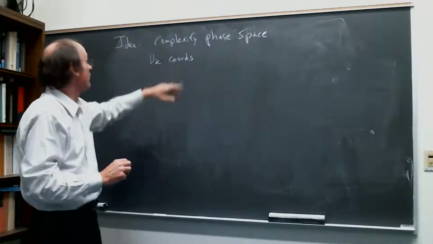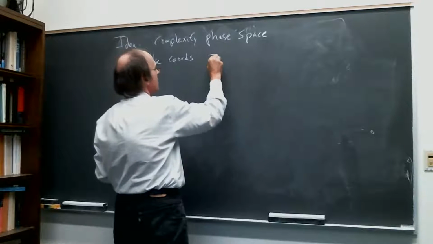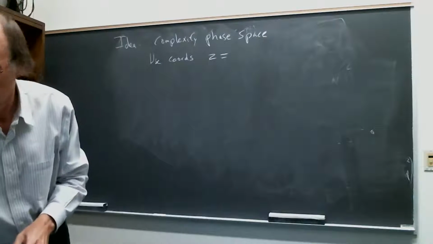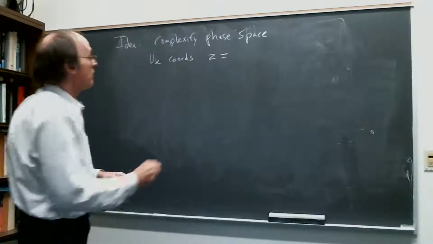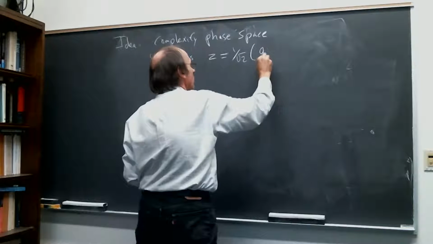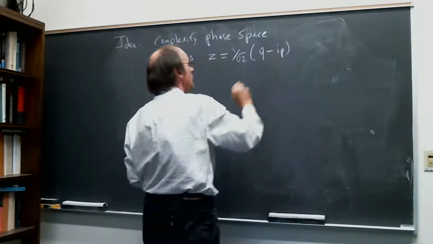And so to do that, you use coordinates Z, which is 1 over square root of 2 times Q minus iP.